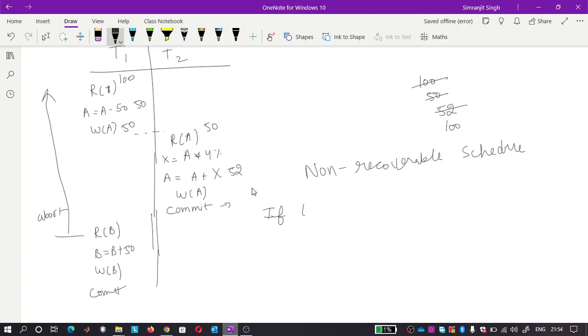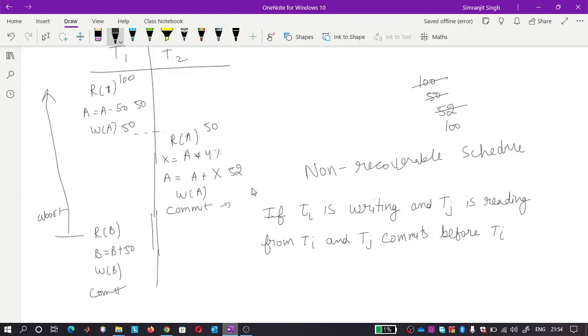If Ti is writing, and Tj is reading from Ti, and Tj commits before Ti, it is not recoverable.